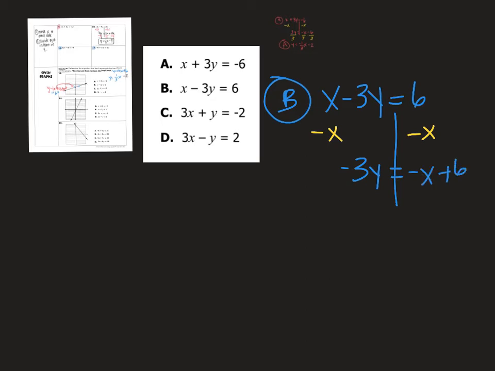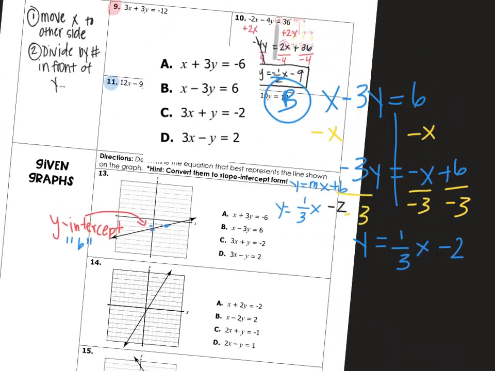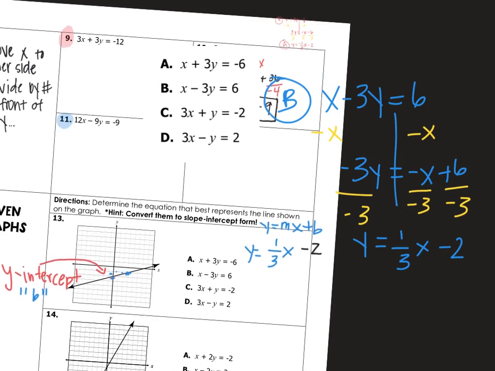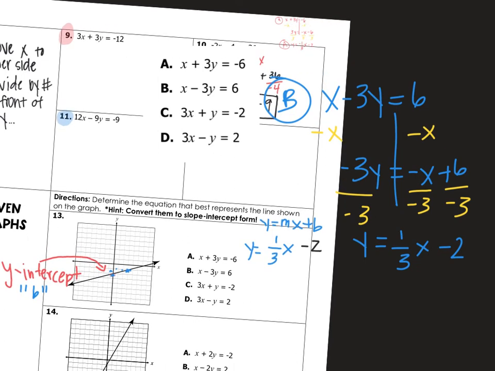We then will divide by -3, and we would be left with y equals 1/3 x, and then 6 divided by -3 is -2. And does that match our choice, y equals 1/3 x minus 2? Yes, it does. So B, as of right now, works.